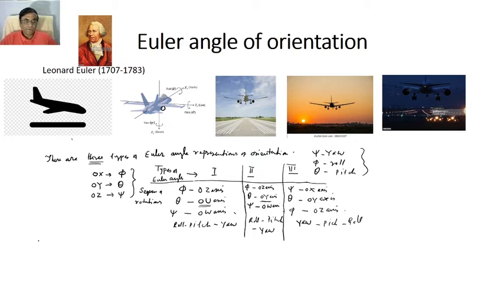Say for type 1, the composite rotation matrix RC for type 1 Euler angle, what will it be? You see, I told you that you can just put it like this. This is a 3 cross 3 unitary matrix.